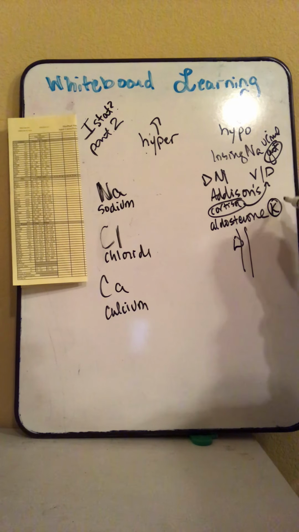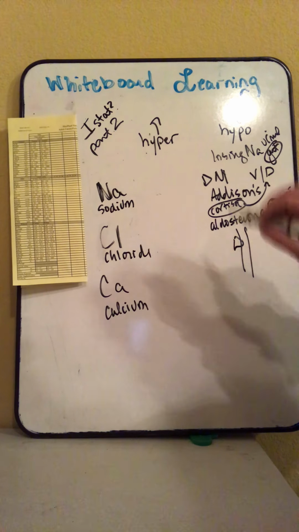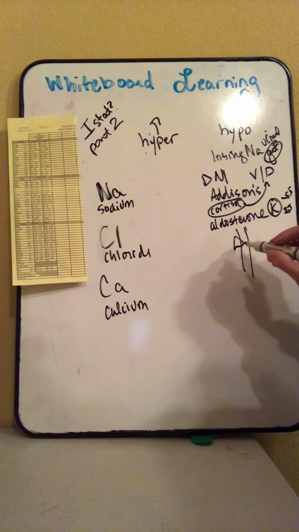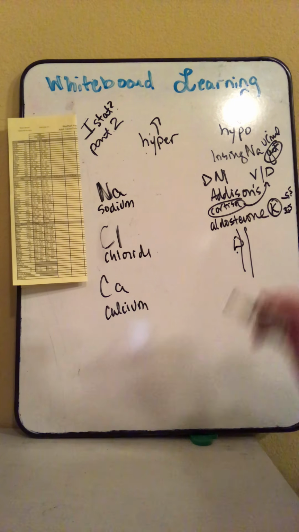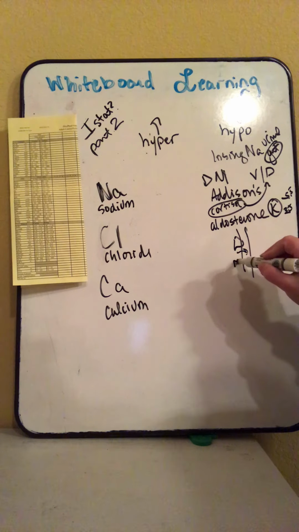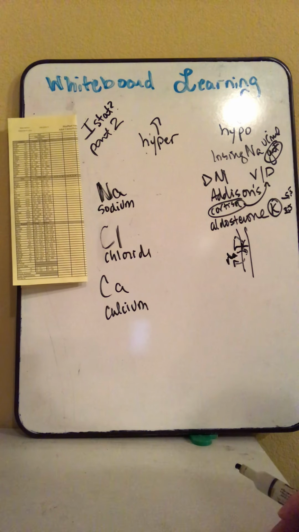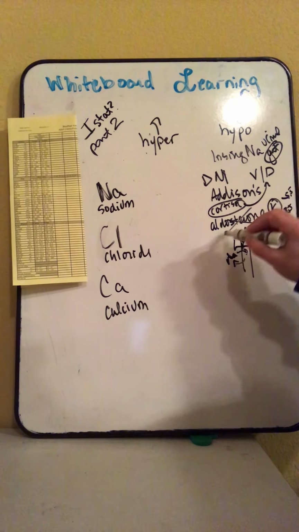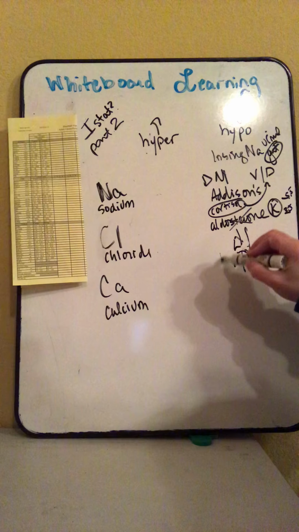So you want potassium in a very tight range between about 3.5 and 5.5. Remember we talked about that? And sodium is much more loose. And so there's an exchange, just like the sodium and potassium ATPase pump, for potassium out because you want to get rid of it, and sodium back. And so if you are an Addisonian and don't have this hormone, then sodium doesn't get to come back and potassium stays in.